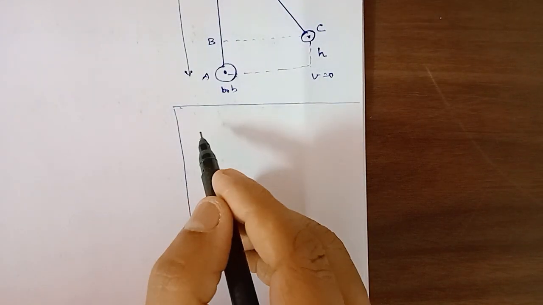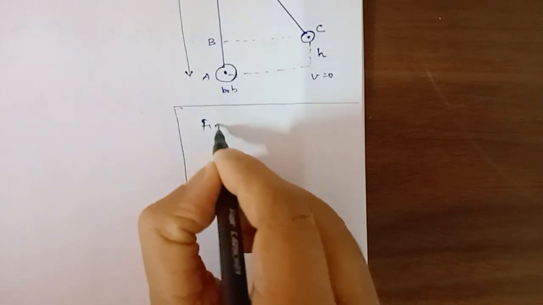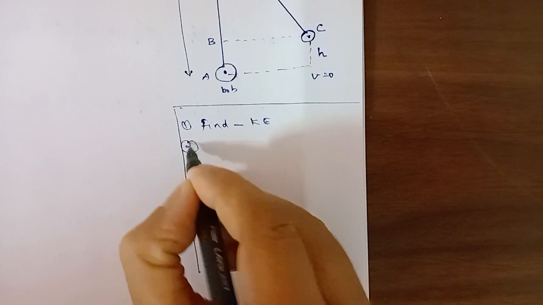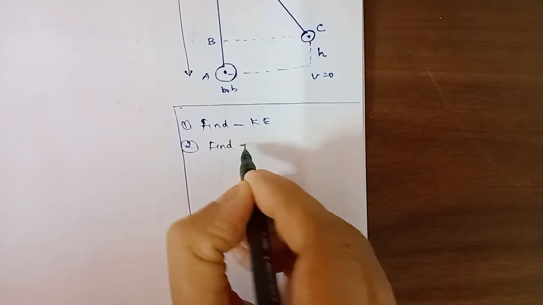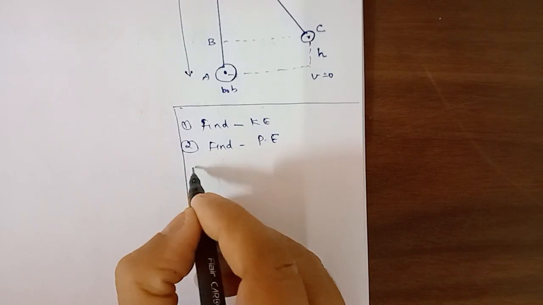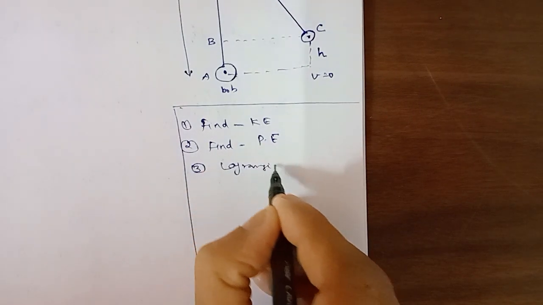the simple pendulum equation. First, you should find kinetic energy. Then find the value of potential energy. Then find the Lagrangian equation.